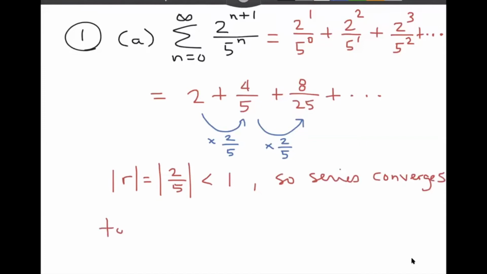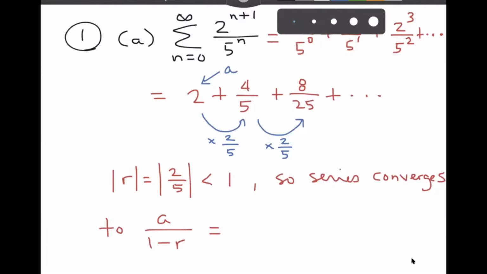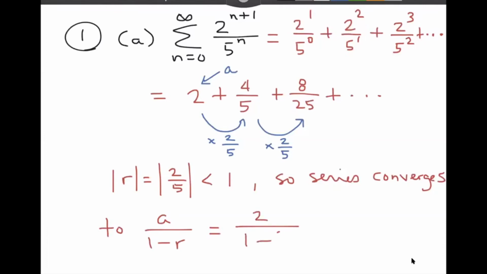And it converges to the number a over 1 minus r. Remember, a is just the first term of the series. So let me label this number 2 as a. All right, so this would be 2 over 1 minus 2/5, which is 2 over 3/5, which is 2 times 5/3. This series converges to 10/3.